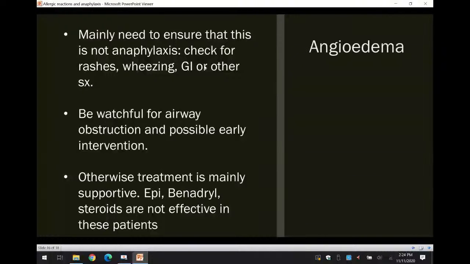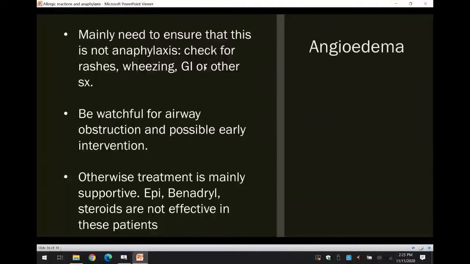But within just a couple of minutes, it can go from just their lips being edematous to a loss of an airway, with laryngeal edema to the point that we're not able to pass anything through within a matter of minutes. They can just be talking to you, and you can think that their swelling's going down, and all of a sudden they have laryngeal edema and airway compromise. So be on the alert with any of these patients, as it can turn very quickly.